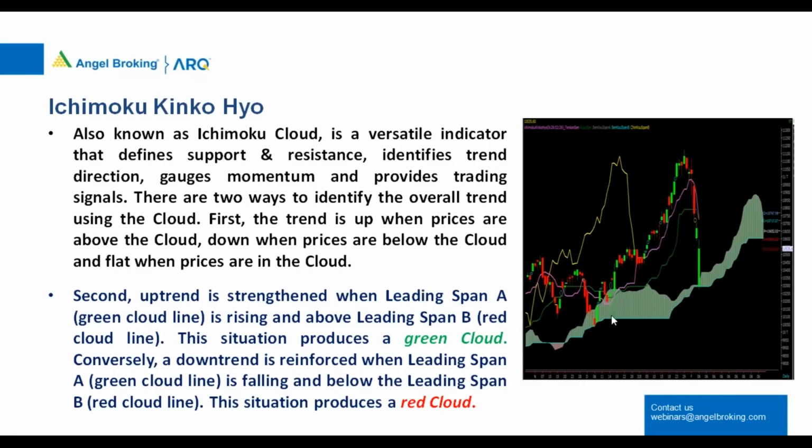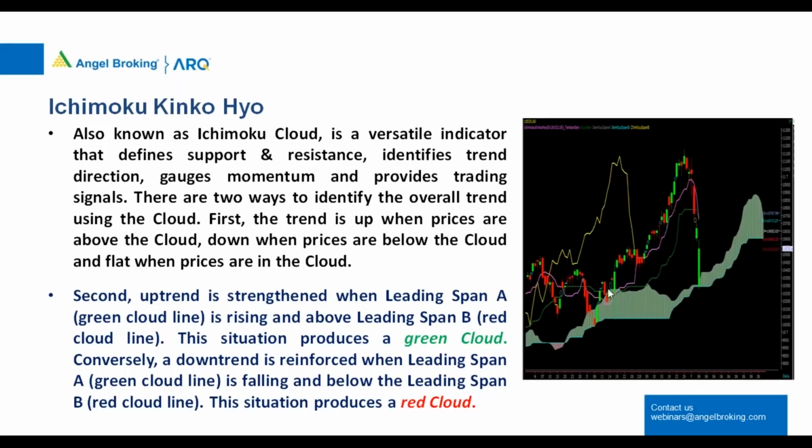So in this case, as I talked about, when prices are above the cloud, that's a bullish sign. When prices are below the cloud, that's a bearish sign. When prices are inside the cloud, that means it's a flat market.